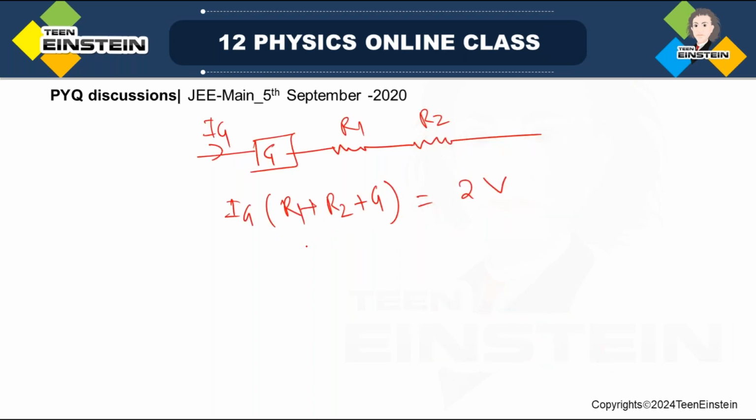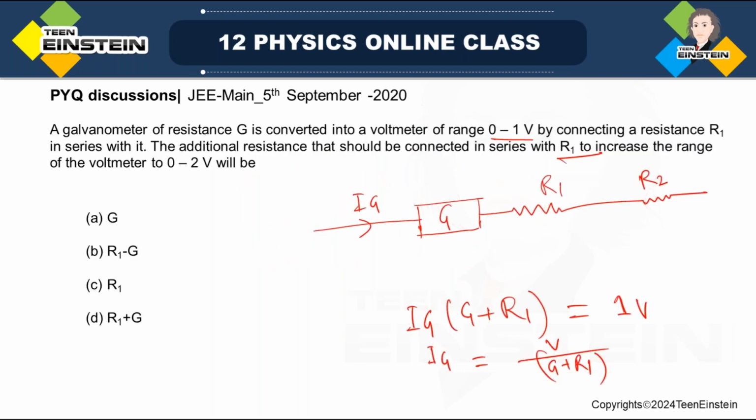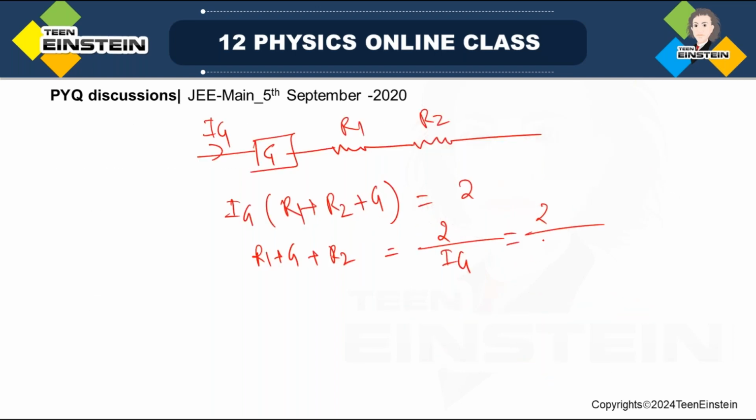So R1 plus G plus R2 is 2 by Ig, and Ig is V by (G plus R1).